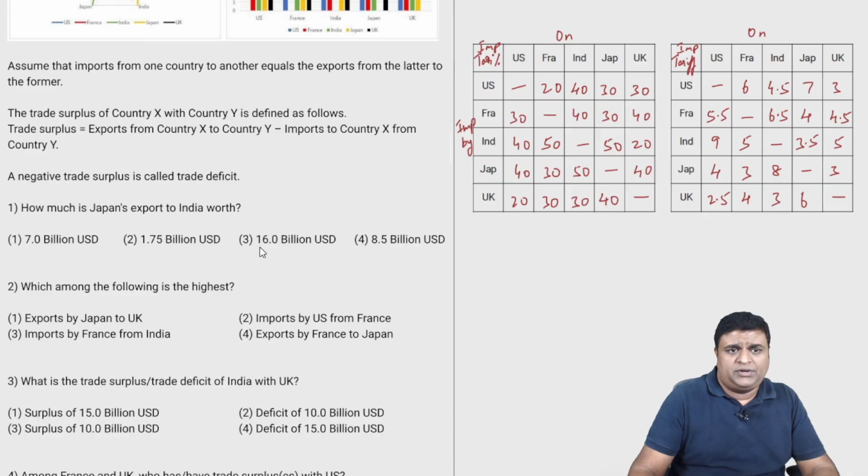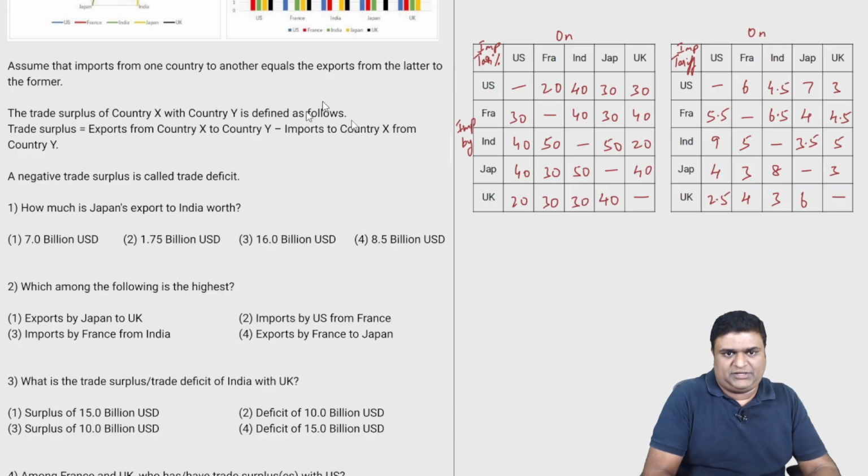Okay, so what do we have over here? Assume that imports from one country to another country equals exports from the latter to the former. So import from one to the other is export from the other to this. Trade surplus of country X with country Y is defined as follows: exports from X to Y minus imports to X from Y. Trade surplus, it's good for me if I'm exporting more.